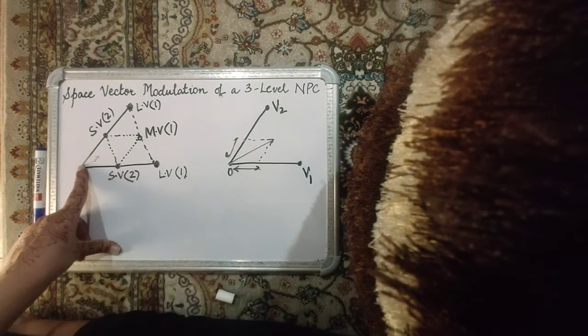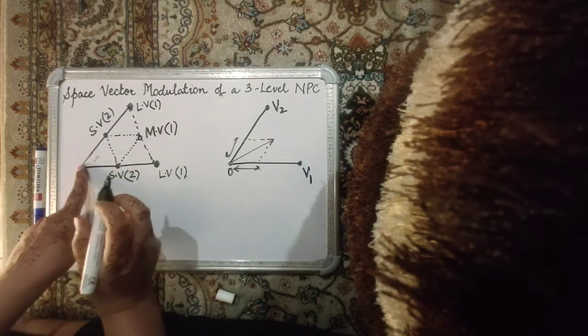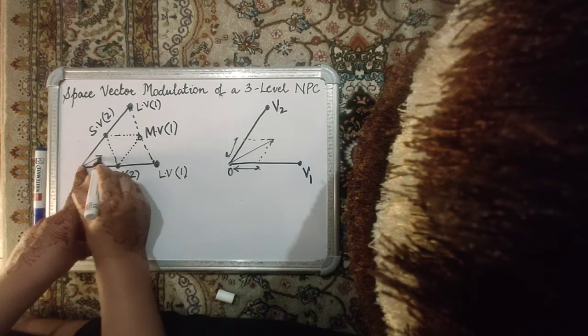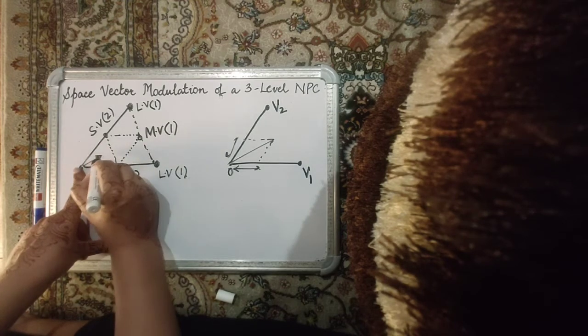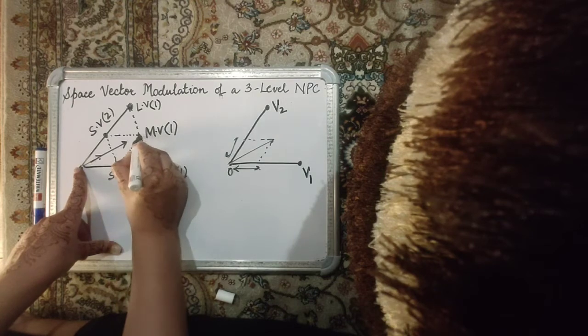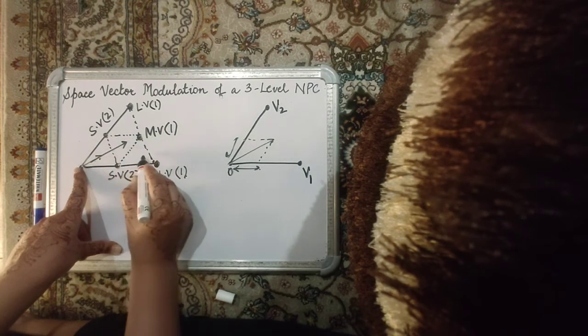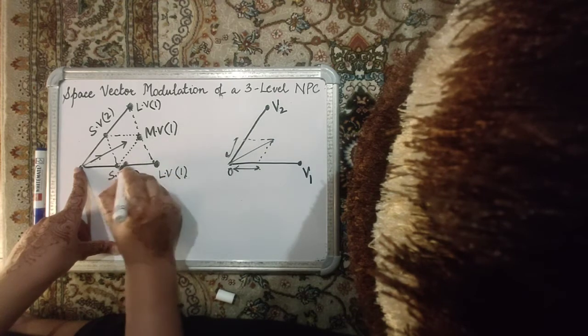So every time you have a reference space phasor, you will see in which small triangle it will lie. If it is lying here, you will trace between these three states. But if it is longer, say it is lying here, you will trace between the closest three states. And if it is lying here, of course you will trace between the closest three states.